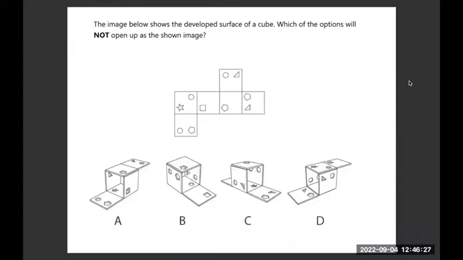Neil, correct answer. Malhar, wrong answer. Ananya Patel, correct answer. Krish, wrong answer. Path, wrong answer.